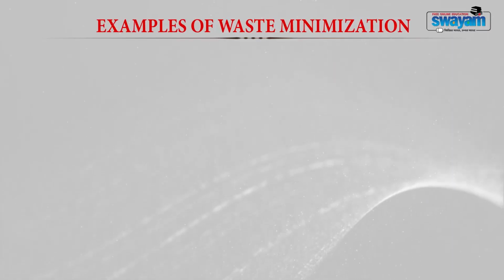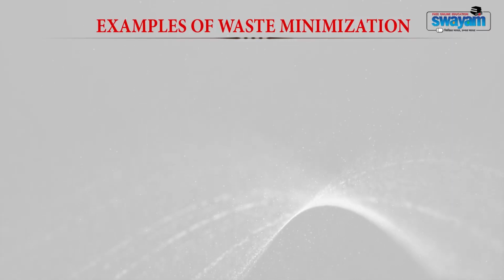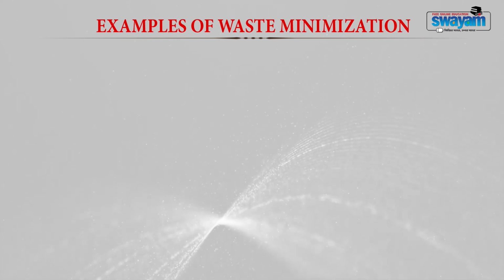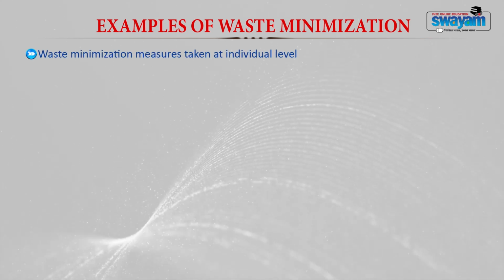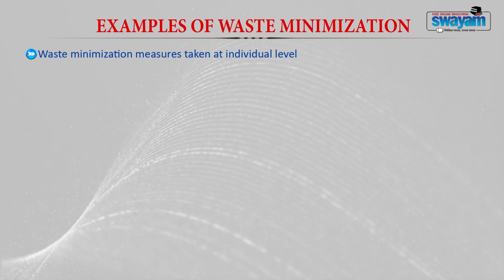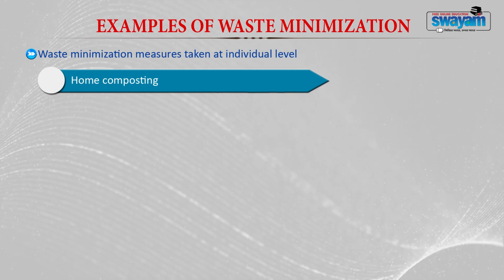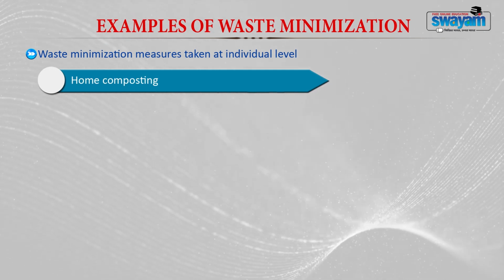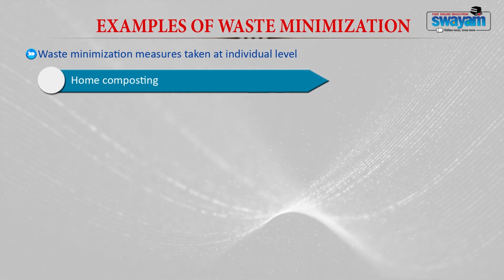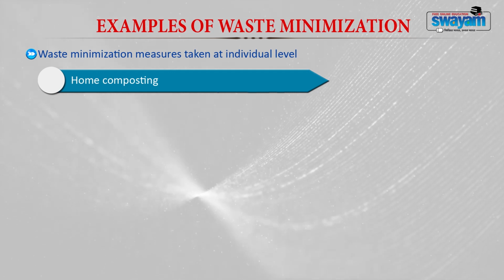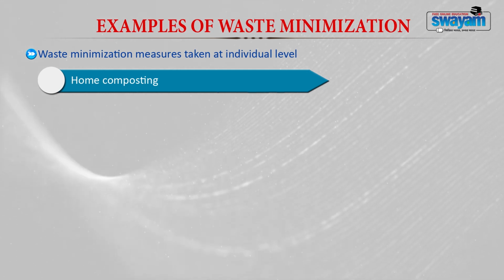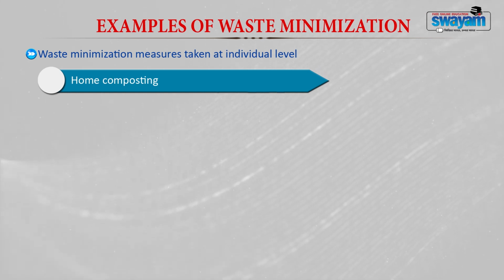Let me have a look at some examples of waste minimization. Among waste minimization measures taken at individual level, there may be several measures like home composting. For home composting, you have to sort your domestic waste, and biodegradable waste can be composted at our homes.